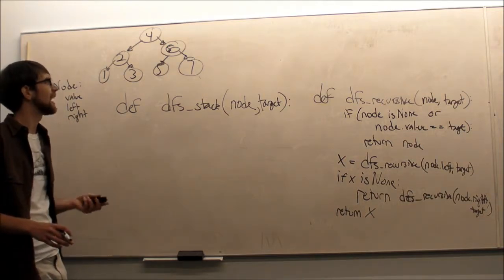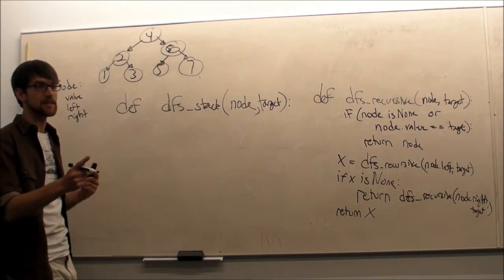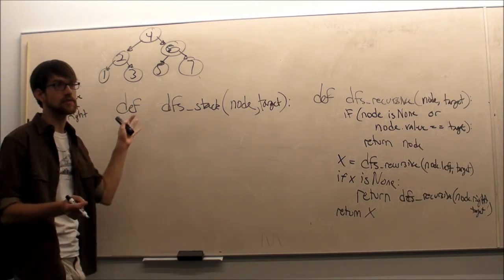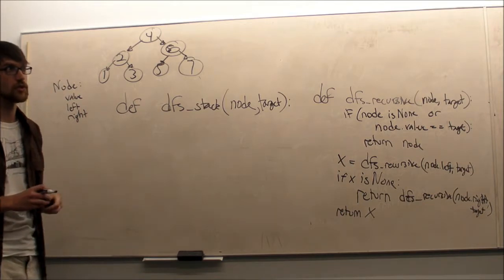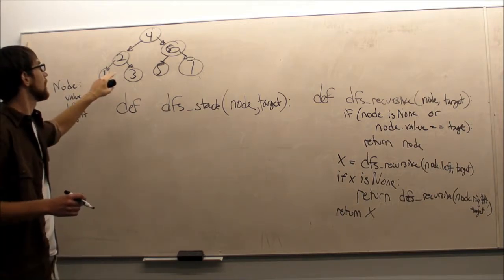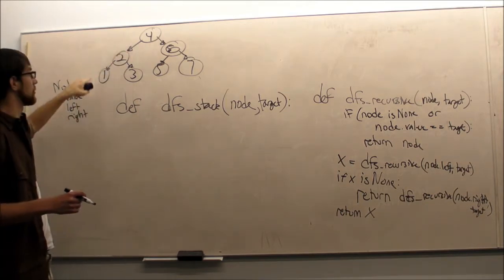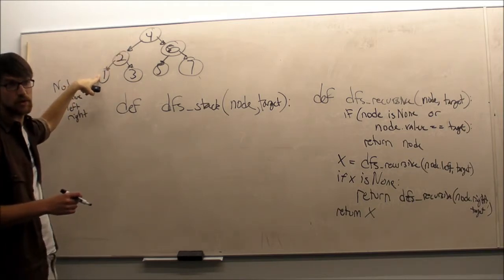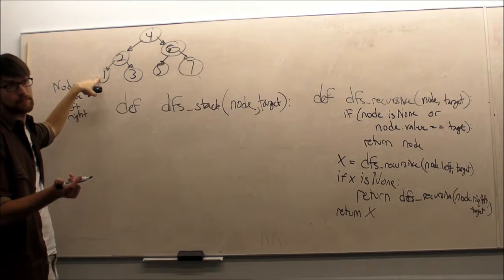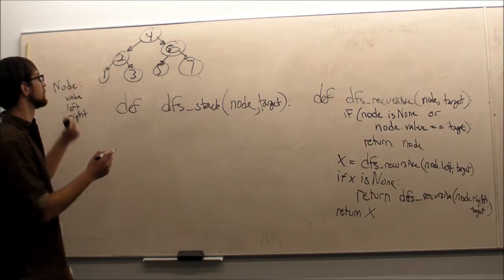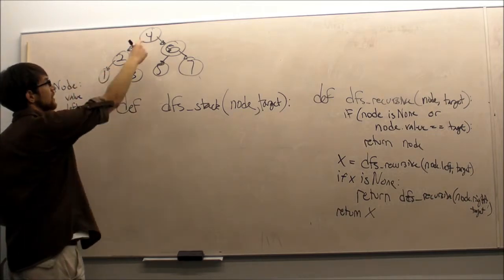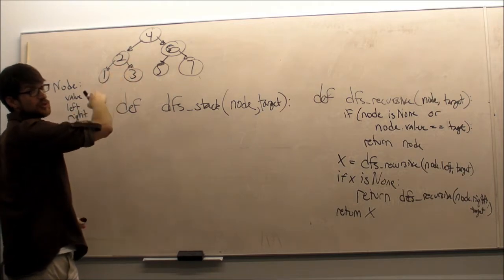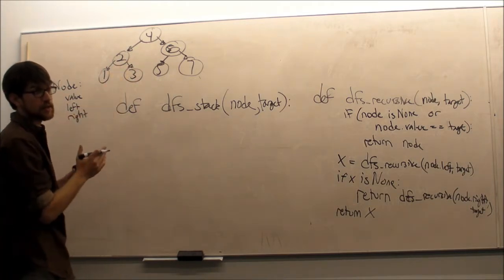The average, I can't remember off the top of my head, but getting the best and the worst cases for this algorithm is good to think about. If we get lucky and it happens to be at the end of that first trajectory we were looking at, it's going to be log n, not over 2, because it's the same number of steps you'd take as if you were traversing there directly with a binary search tree.